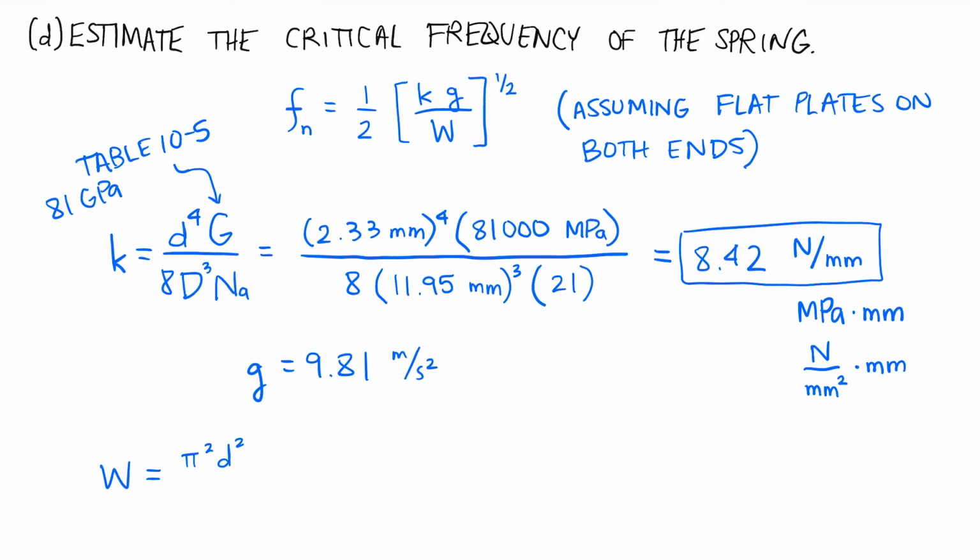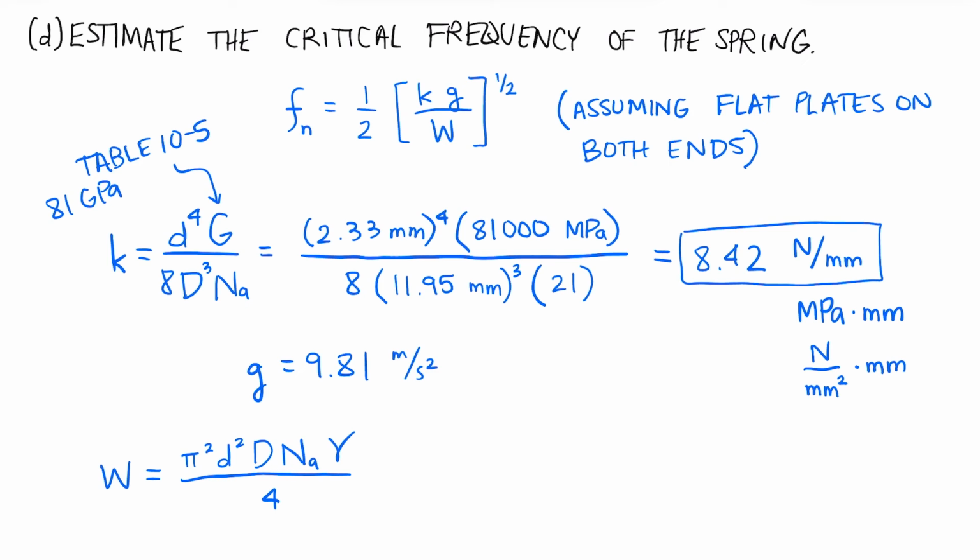It's pi squared times the wire diameter squared times mean coil diameter, not squared, times number of active coils times the specific weight of the spring material, all of that divided by 4.